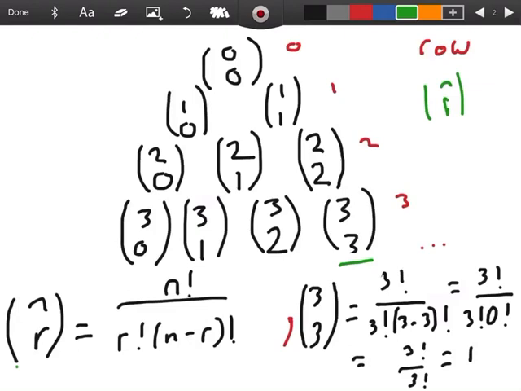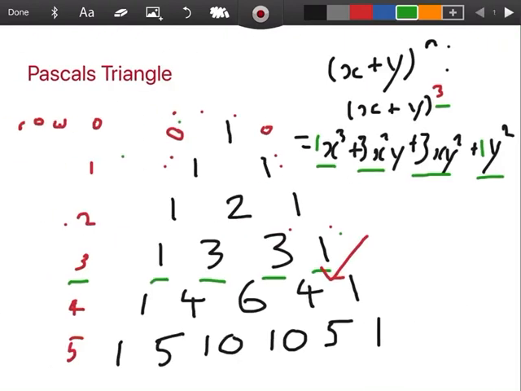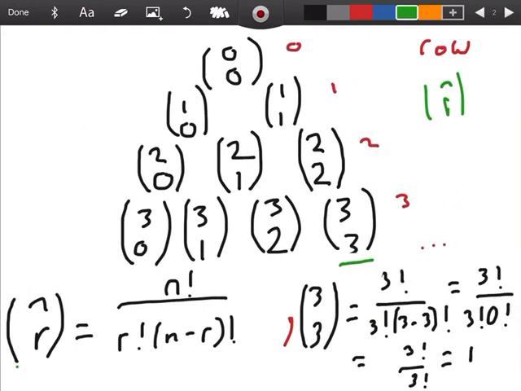And then it always goes up until r equals n, okay? So if we had, say for instance, 5C0, that would go along up until 5C5, right? And then the results of these binomial coefficients are actually just numbers, and those match the numbers on this Pascal's triangle, right? And so I'll show you what these are useful for.